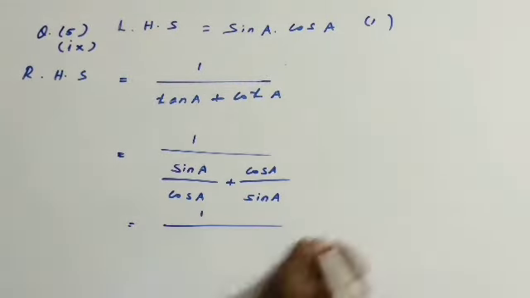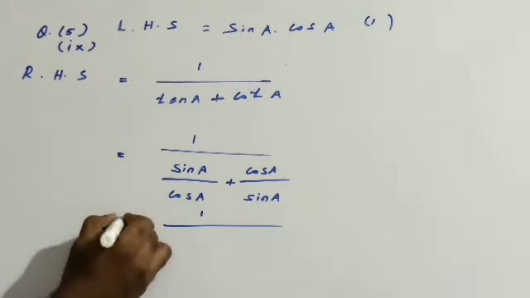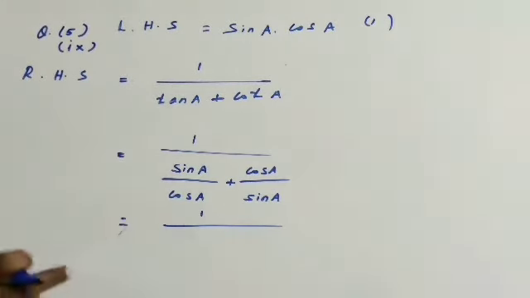1 by. Now cross multiplying the denominator.